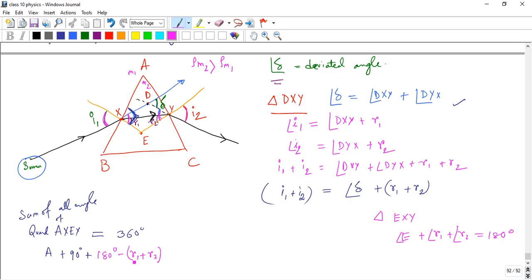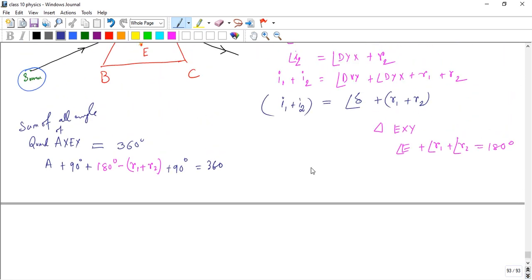Next, this yellow color line on AC is also perpendicular, so that is also 90 degrees. So angle A plus 90, 180 and 90 adds up to 360 degrees.